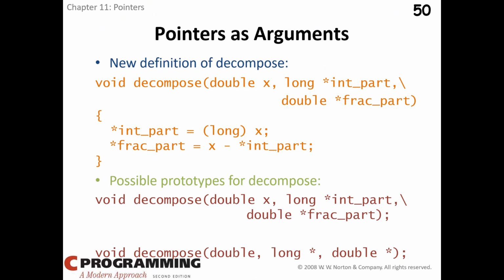And now let's consider the function prototypes for decompose. We have two possible options. The first prototype specifies the parameter names explicitly, providing clarity about the purpose of each parameter, and the second prototype omits the parameter names and only includes their data types and pointer symbols, which is more concise but equally valid.